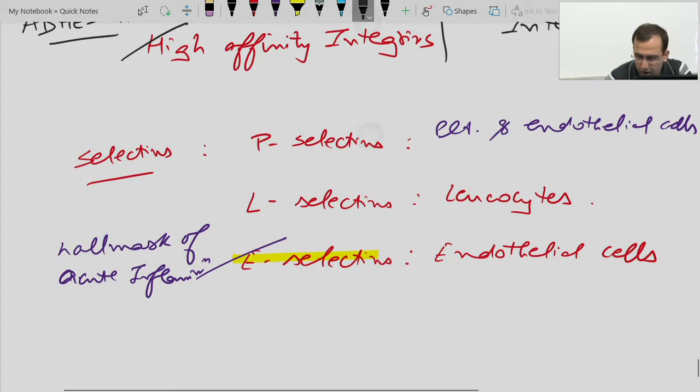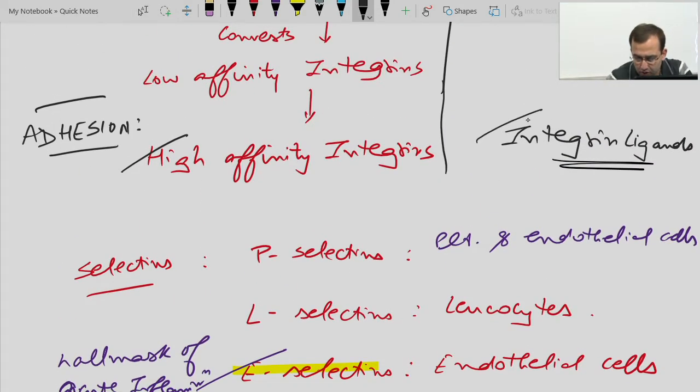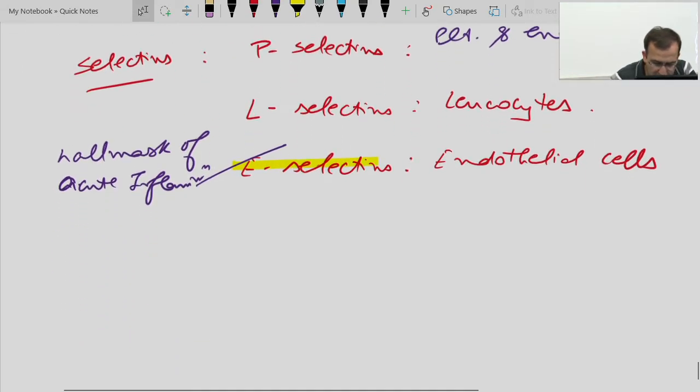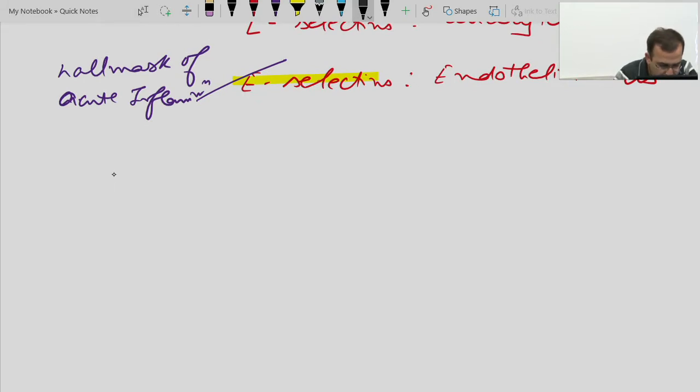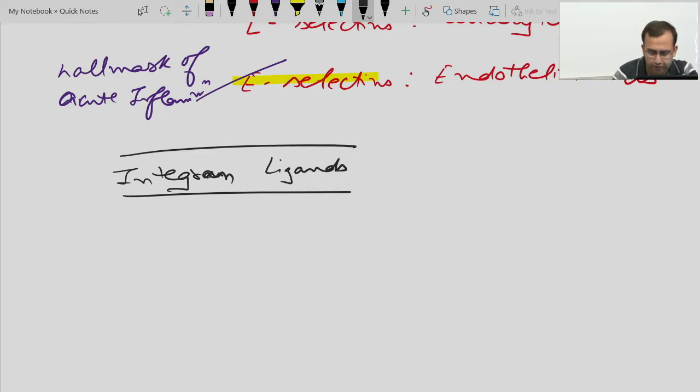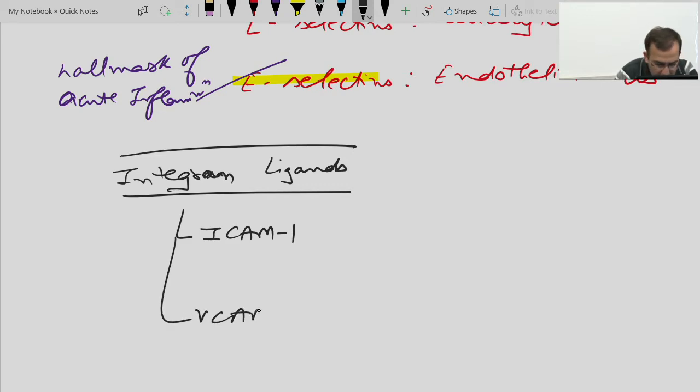Next point, coming to integrin ligands. I can divide the integrin ligands into two types, which are ICAM1 and VCAM1.